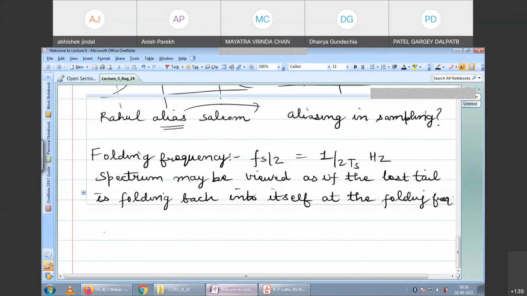So now let us define the alias after defining the folding frequency.